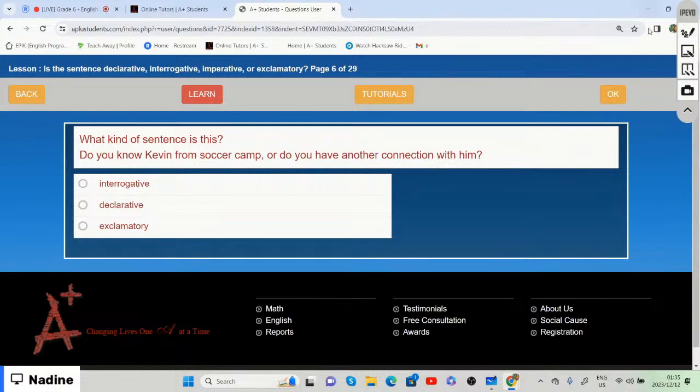Since it ends with a question mark, we can say it's an interrogative sentence. And remember, with interrogative, it's like they're going to interrogate somebody.